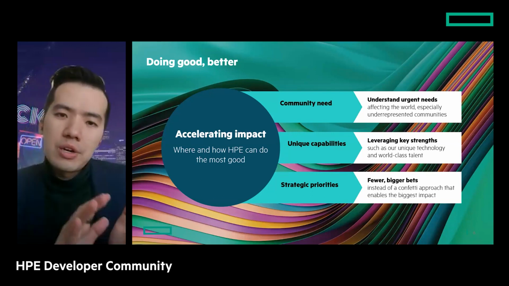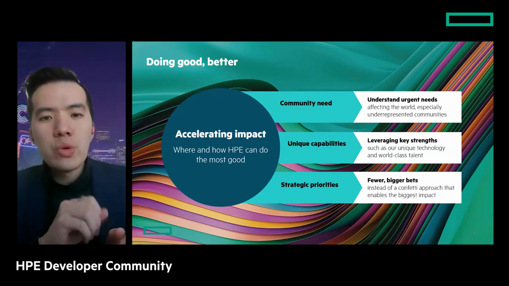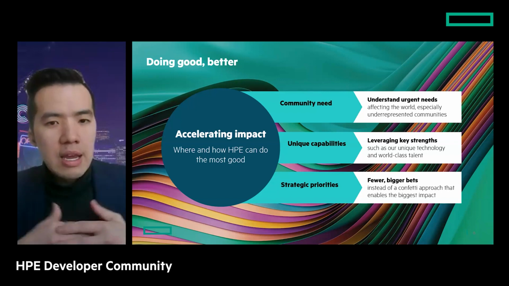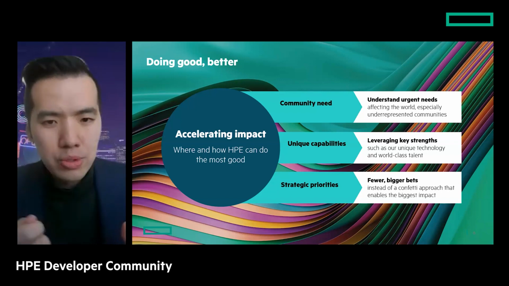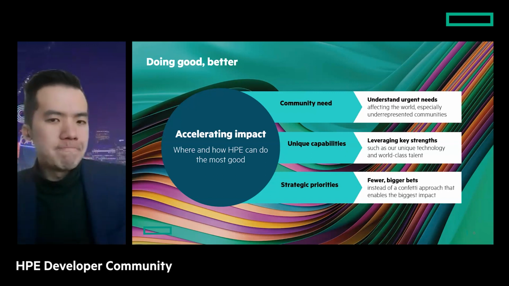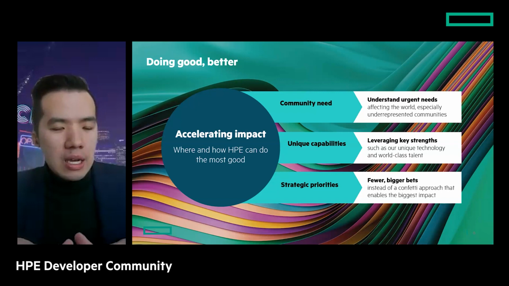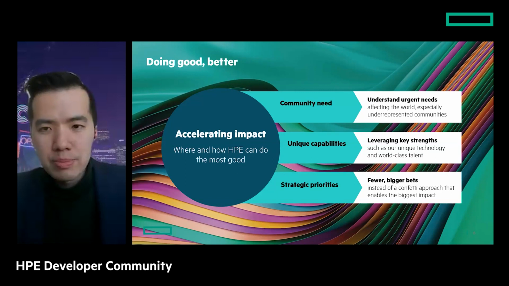In essence, we're trying to understand what the urgent needs in the world are, how we can leverage our key strengths, including our tech and our talent, and how we can make fewer, bigger bets to enable the biggest impact in the world today. And so foundationally, this is why the work that you do is important, because it really tangibly helps to make the world a better place.